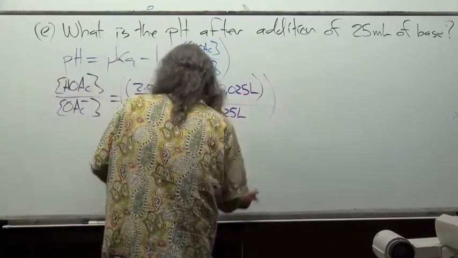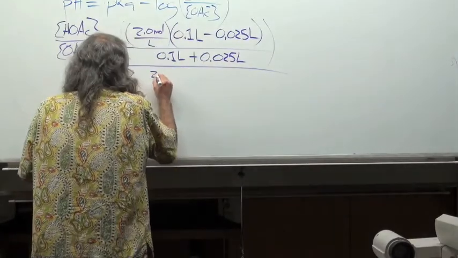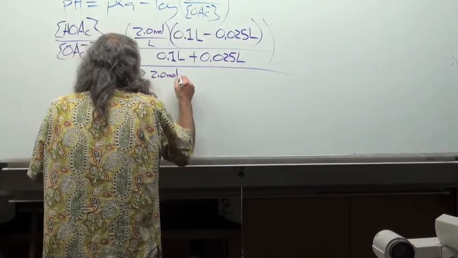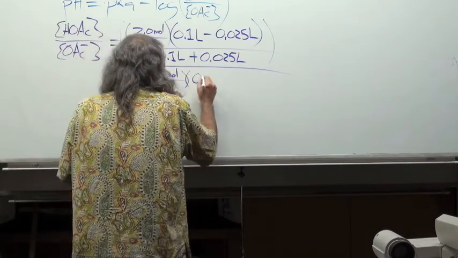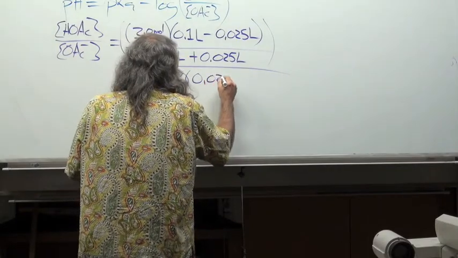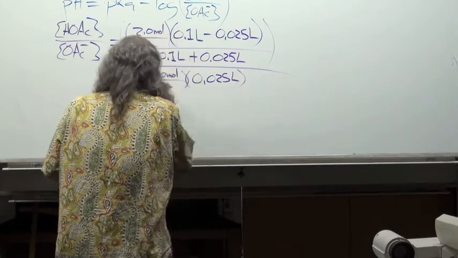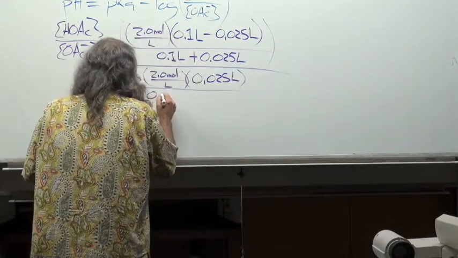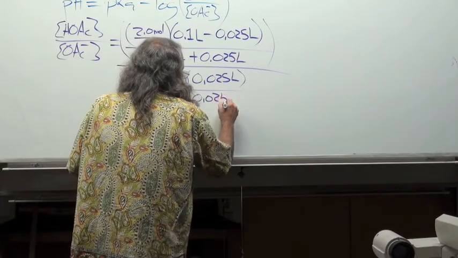That's the upper part, all divided by 2.0 moles per liter times 0.025 liters divided by 0.1 liters plus 0.025 liters.